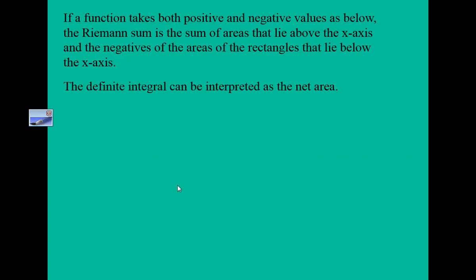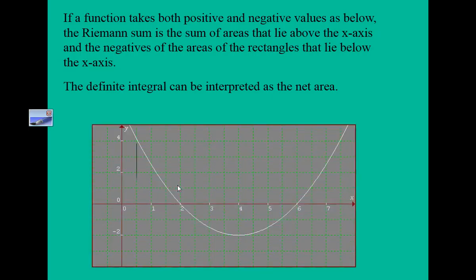If a function takes both negative and positive values, then the Riemann sum is the sum of the areas that lie above the x-axis and the negatives of the areas of the rectangles that lie below the x-axis. So if we are looking for the area of the curve from a to b, notice the function is above the x-axis from a to 2, but then below the x-axis from 2 to 6.